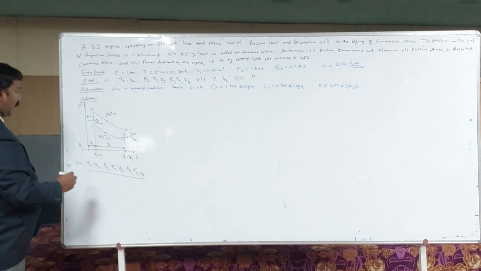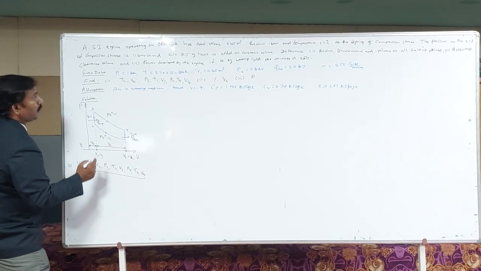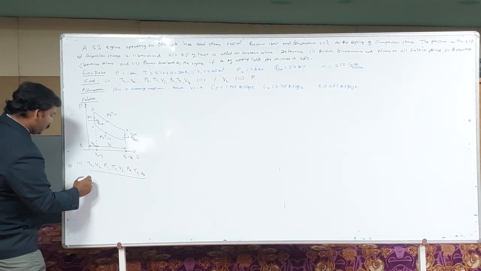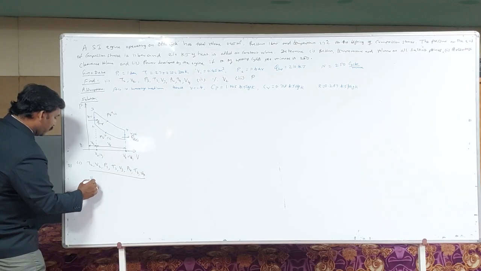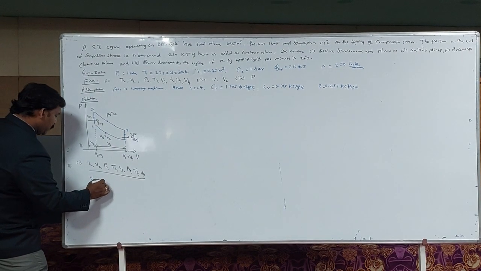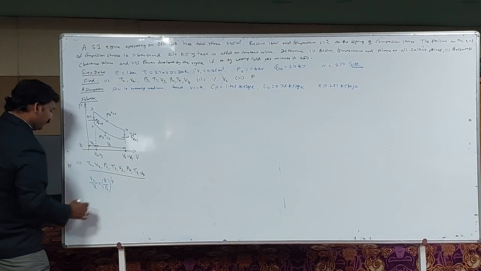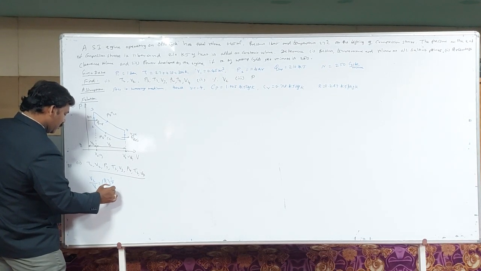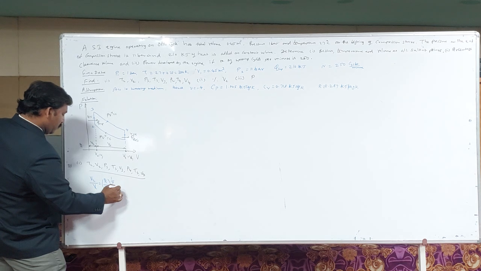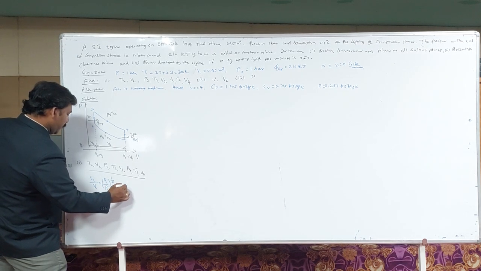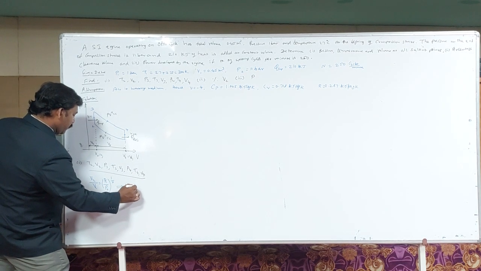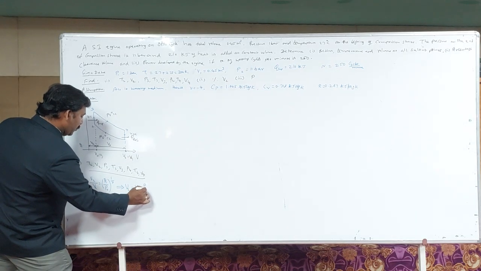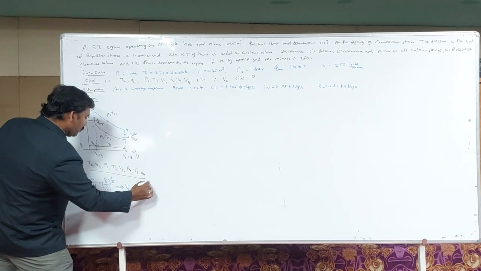Now V1 is the known value and P2 and P1 are also known values. So I need to find what is V2. So V2 by V1 is equal to P1 by P2 power 1 by gamma. Therefore V2 is equal to V1 into P1 by P2 power 1 by gamma.